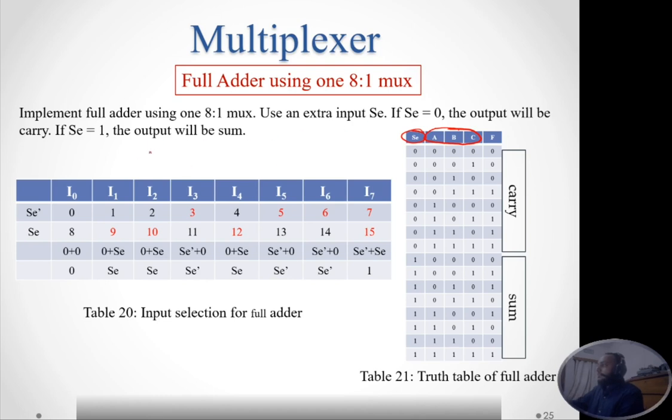So we need to draw an input selection table for SE. We need to find in which positions SE is 0. From the positions 0 to 7 SE is 0, and from the positions 8 to 15 SE is 1, and we have output 1 in these positions.